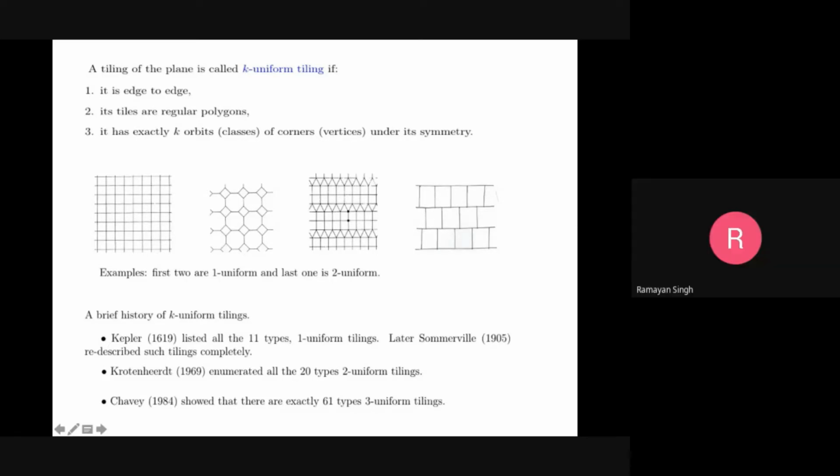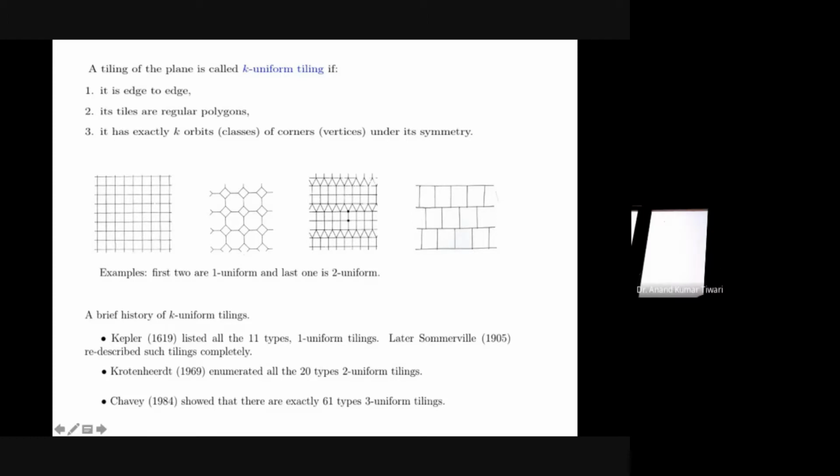So in the first two cases, the vertices have exactly one orbit under the symmetry of these tilings, and in the third case, they have exactly two orbits of vertices under the symmetry group. See, the last figure is not a K-uniform tiling. Although the polygons are regular, this tiling is not edge to edge.